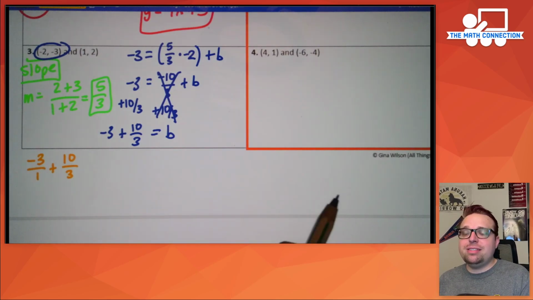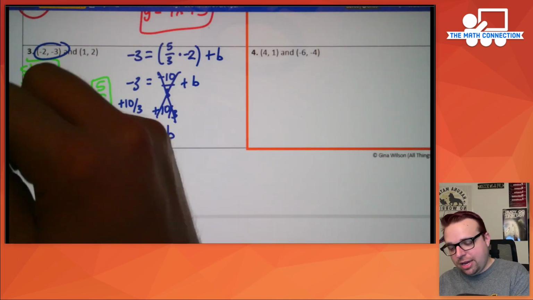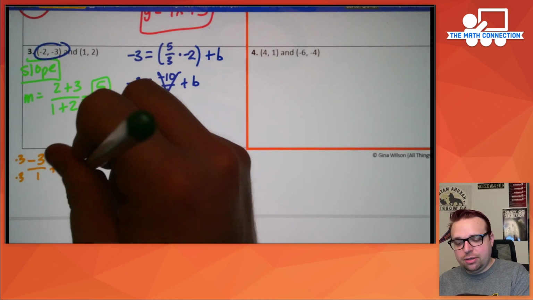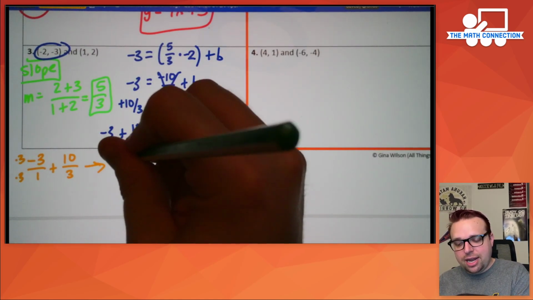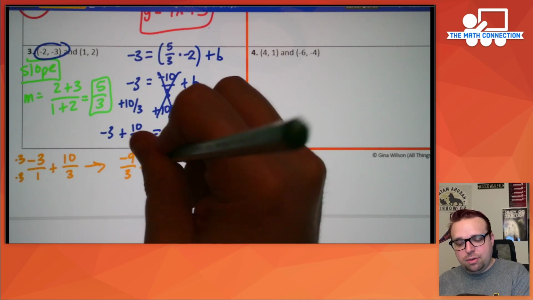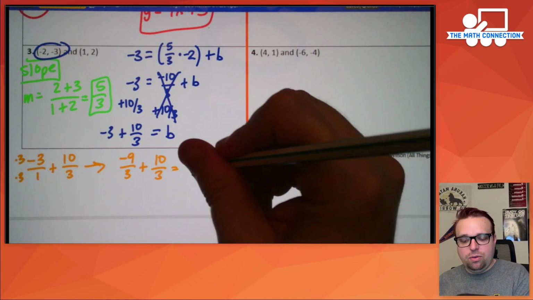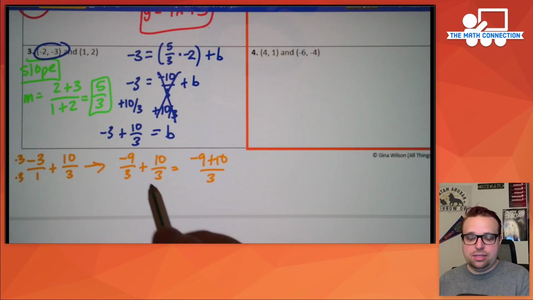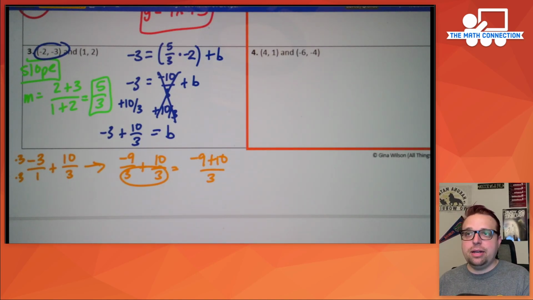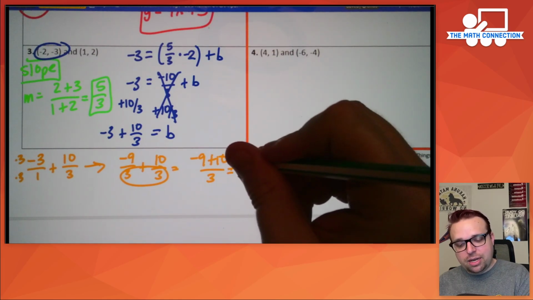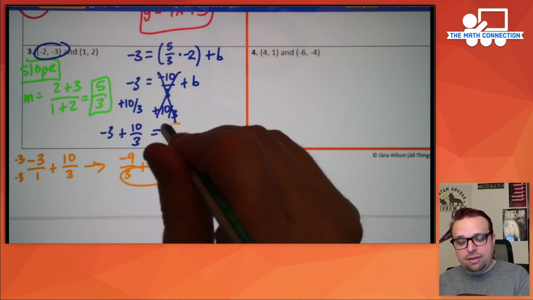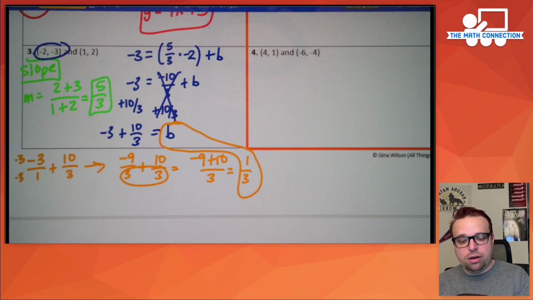So to have them have the same denominator, you need to multiply this bottom part by 3 and this top part by 3. So this transforms into negative 9/3 plus 10 over 3, which is negative 9 plus 10 over 3. And I'm allowed to do this now because they have that same denominator, right? So this becomes 1 over 3. So the b value is 1/3.